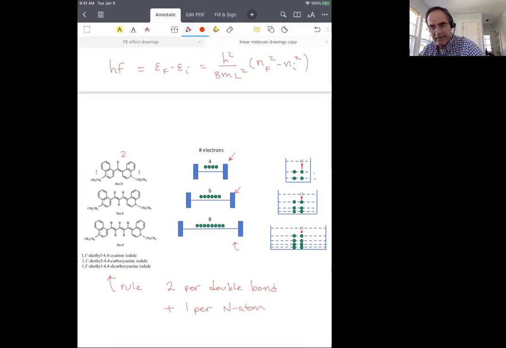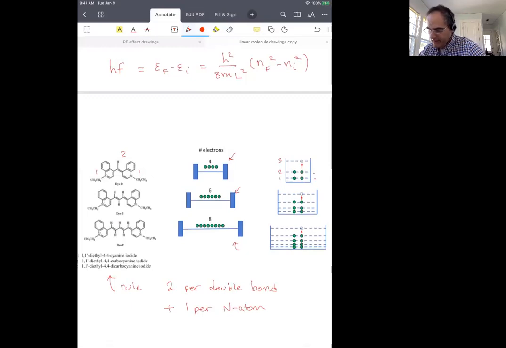And that means that the lowest energy absorption transition that we can hope to observe would be the one from n equals 2 to n equals 3, because n equals 3 is the first unoccupied state. And we have to have an unoccupied state for the electron to move into.